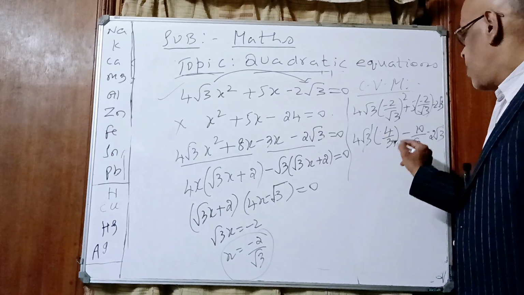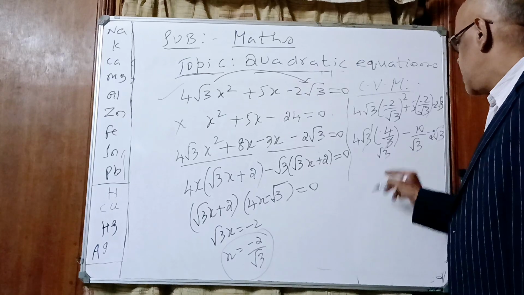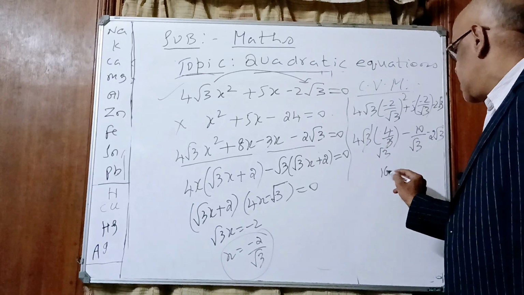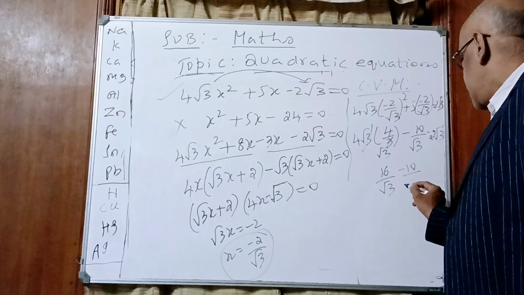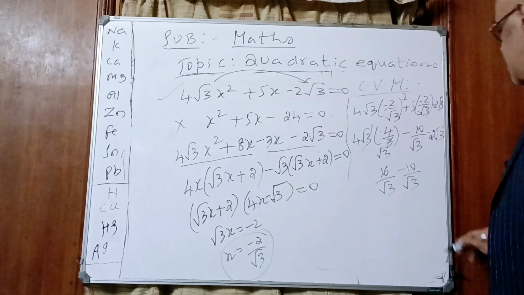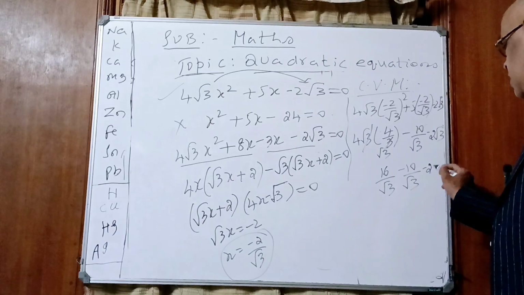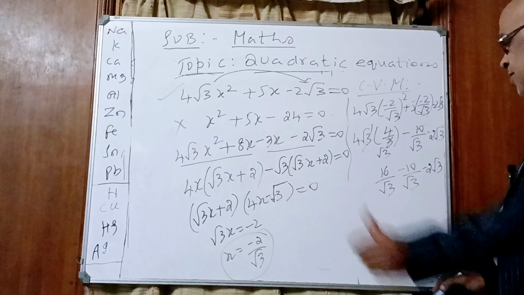Root 3, 3 goes, what will remain? 4 fours are 16 by root 3 minus 10 by root 3 minus 2 root 3.